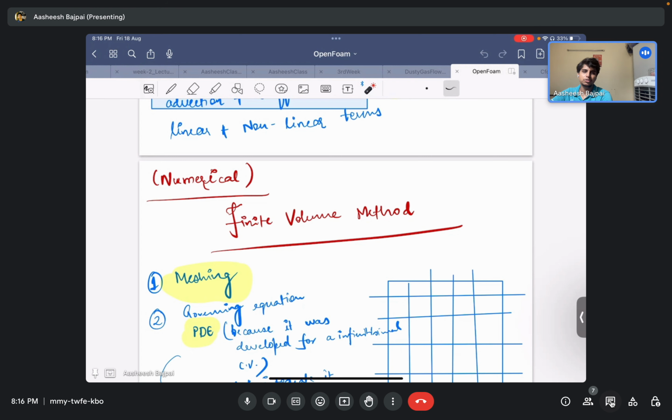We are meshing because we can't solve the equation in the whole domain.